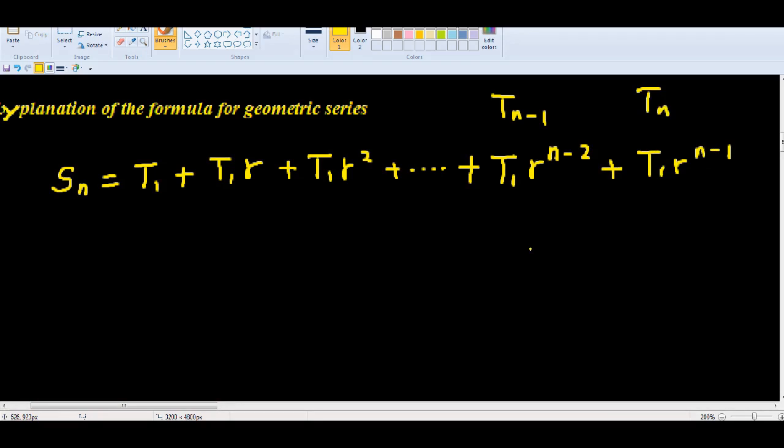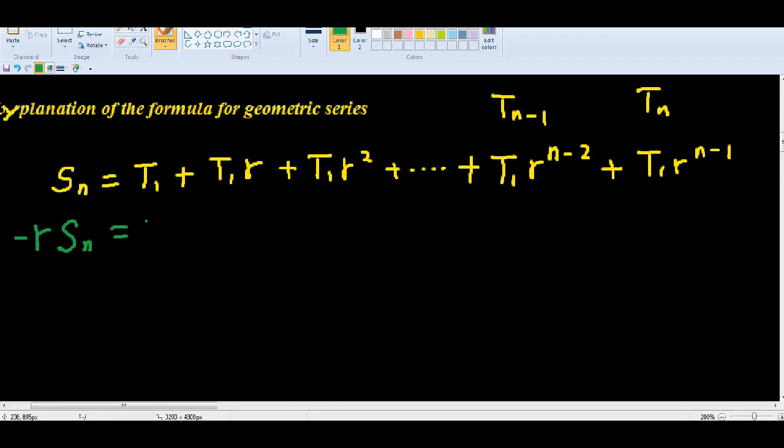If you remember the geometric sequence, for the general term we use the explicit rule: Tn equals T1 times R to the power n minus 1. Okay, so that's Sn. Let's have another version. This time we multiply Sn by minus R. If we multiply Sn by minus R, what happens? Every term on the right hand side is multiplied by minus R, right?